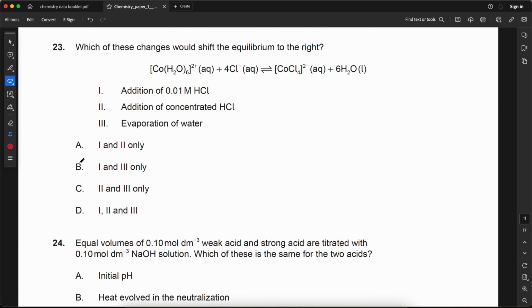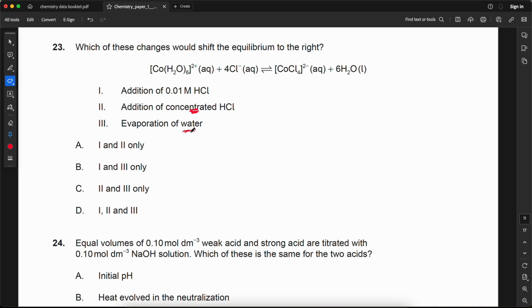Which of these changes would shift the equilibrium to the right? Addition of 0.01 molar HCl is a very dilute solution, so adding this will not give any effect for the addition of Cl minus ion. An addition of concentrated HCl will add Cl minus ion, so it will make the equilibrium shift to the right.